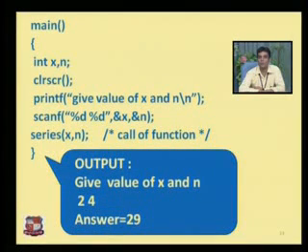Then what output will we get? Suppose 2 raised to the power 4: it prints the series 1 plus 2 raised to power 2 plus 2 raised to power 3 plus 2 raised to power 4, because the n value is 4 and the x value is 2. After adding all these values, we get the answer 29. So we can print multiple values by using these types of functions with a particular return value type.